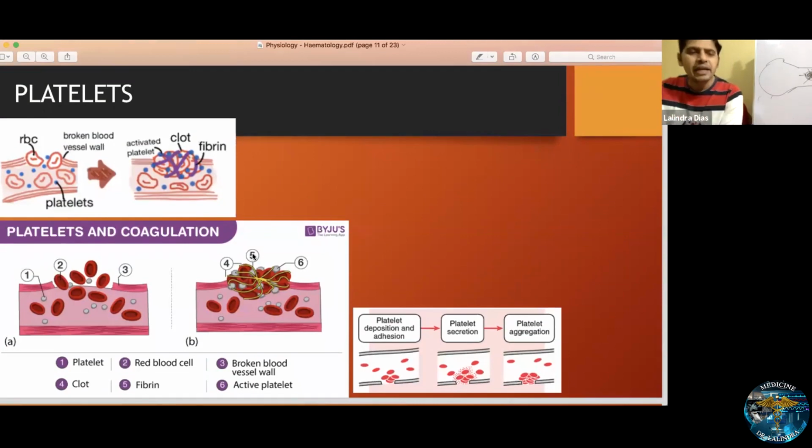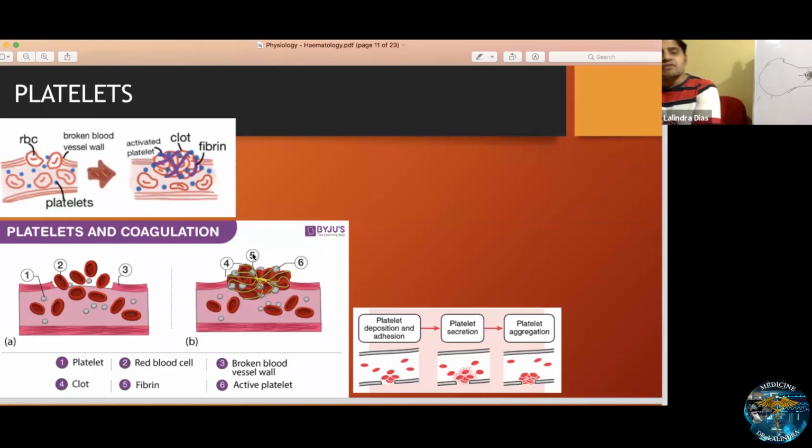Okay, platelets. So now we talked about white cells. White cells are done. So we know the main role of white cells is to fight against bacteria or foreign particles, that is by phagocytosis. Then the eosinophils, they play a huge role in killing parasites and also various worms.